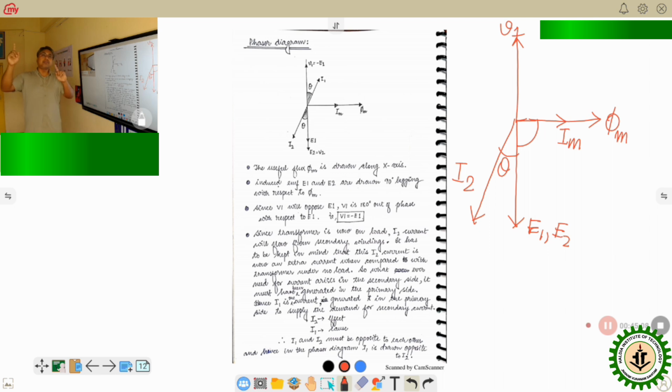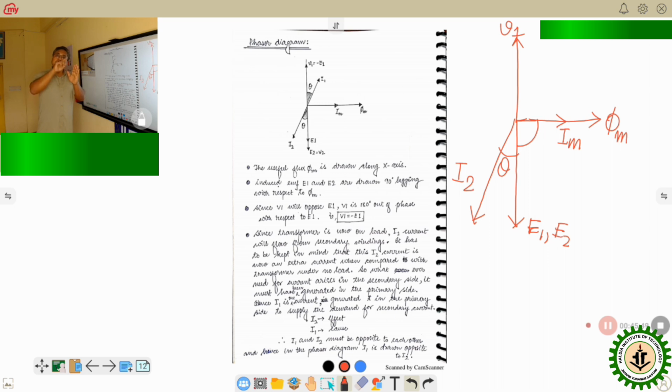Now I have to understand the link between the secondary side current I2 and I1. As there is a rise in demand, the current is supplied from the primary side. Any demand generated on the secondary side has to be supplied from the primary side itself. So whenever we are learning the transformer, one thing we should not forget: there is no physical wire connected between primary and secondary side.